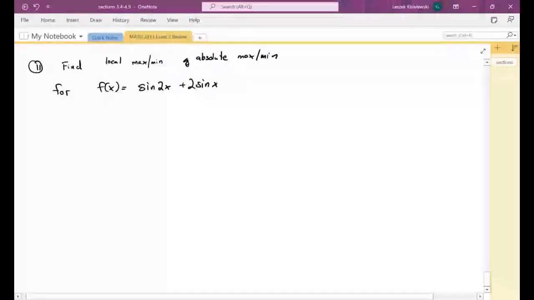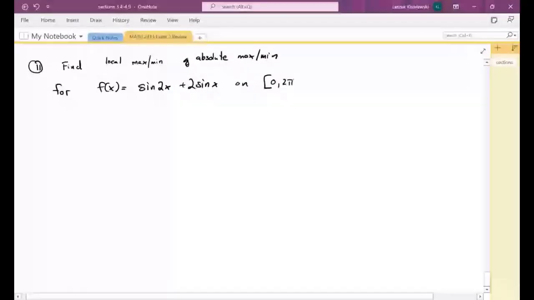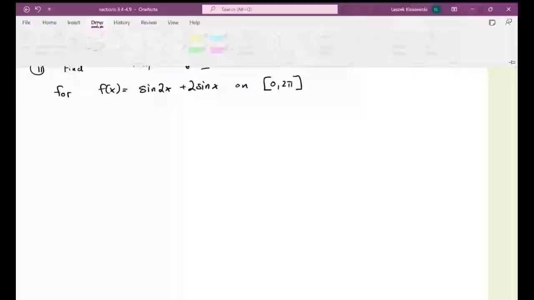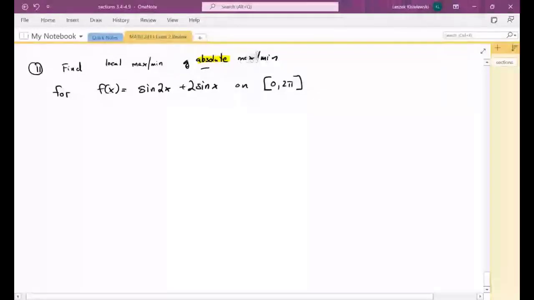So find local max, min, and then global or absolute. All right, and so what theorem guarantees that we're going to get an absolute max and min for this function on this interval? Well, if you have a continuous function, and this is clearly continuous, it's just sines and cosines, and you're adding continuous functions.